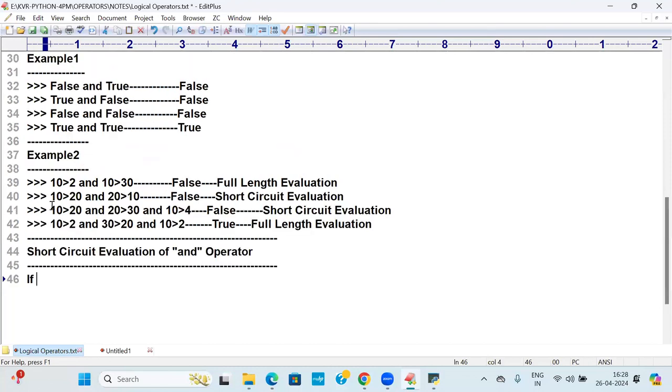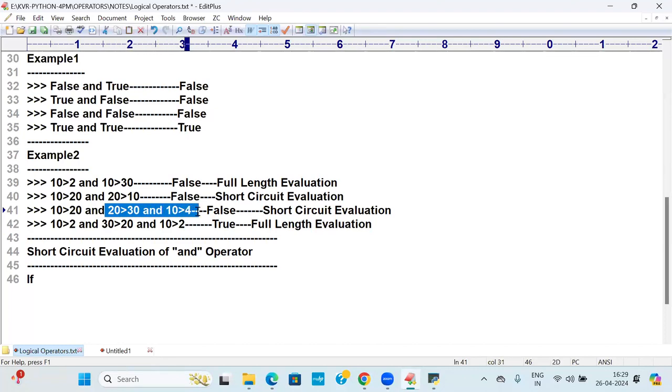If two or more relational expressions are connected with AND operator, and the first relational expression result is false, PVM will not evaluate the second and subsequent relational expressions.